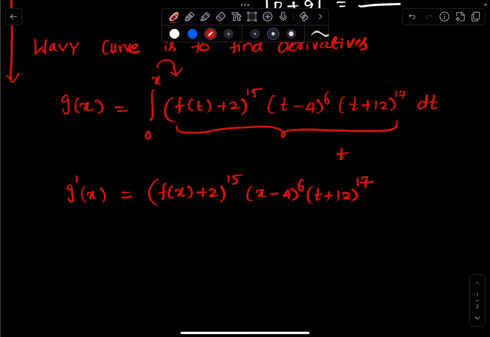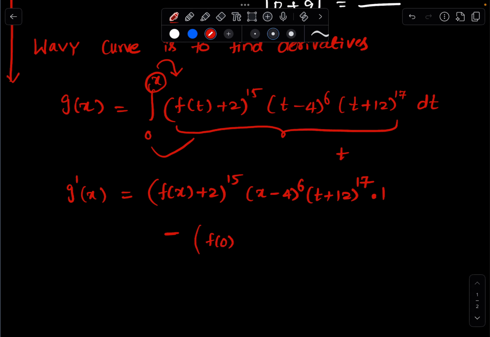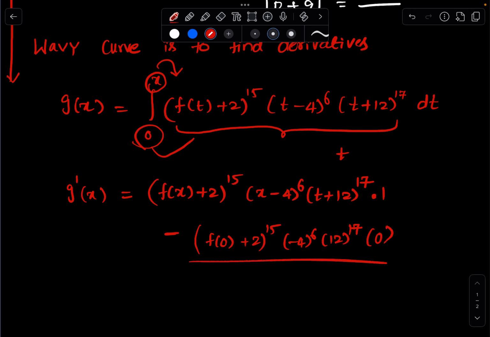After putting x, you have to multiply this with the derivative of x, which is 1, minus, now you have to put the lower limit, which is 0. So that is simply (f of 0 plus 2) whole power 15 times (0 minus 4) whole power 6 and (0 plus 12) whole power 17, and then you have to differentiate the 0, which is 0. So this term goes to 0.